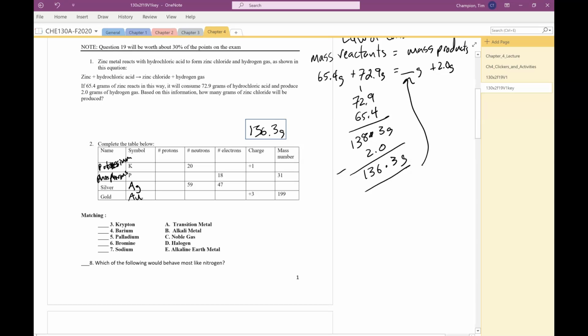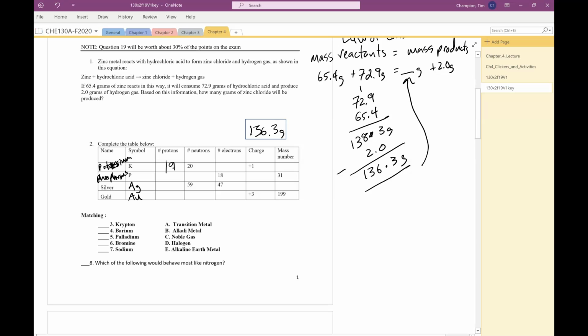Now, the name and the symbol gave us the number of protons. If we look on the periodic table, we can see that potassium has 19 protons. That's its atomic number.